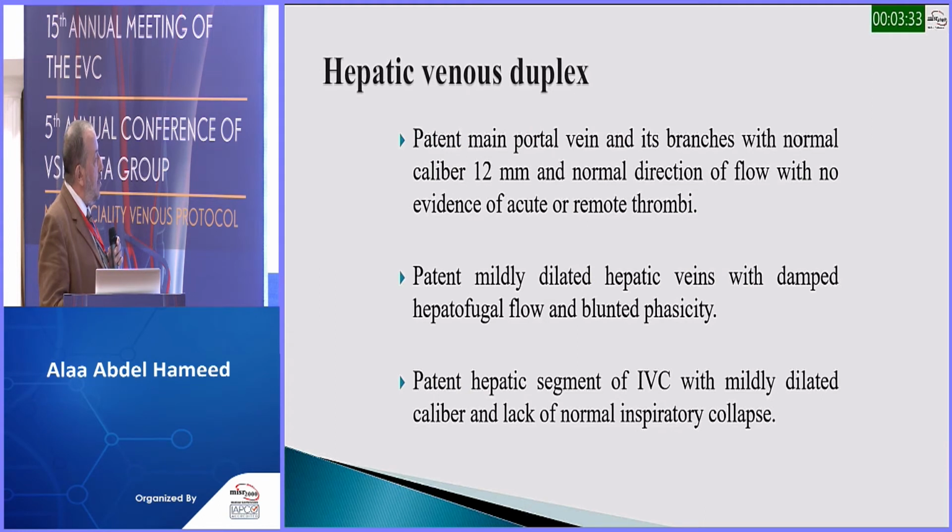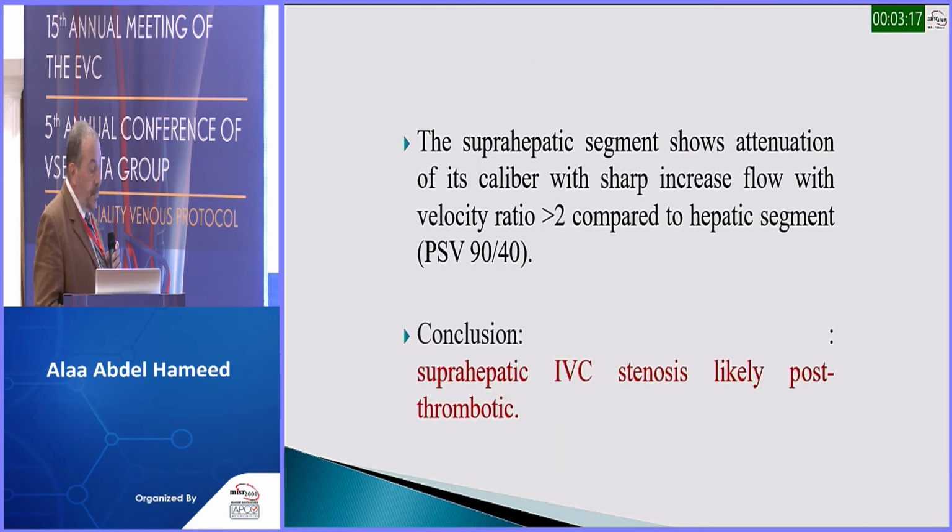We did a hepatic duplex for this patient, and we found mildly dilated hepatic veins with damped flow. The hepatic segment of the IVC was also mildly dilated in caliber. When we go to the suprahepatic segment, we find very much diffuse attenuation of the caliber with a sharp increase in flow.